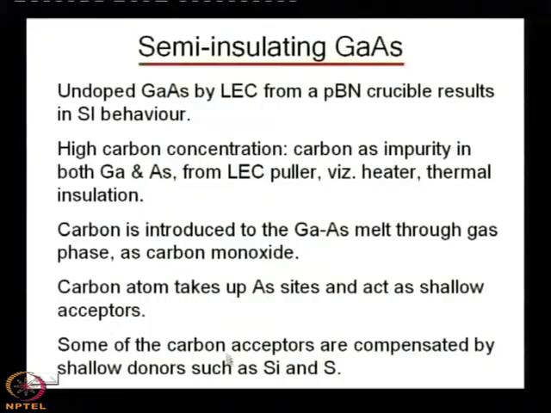And you see that when carbon takes up arsenic sites, it will act as a shallow acceptor, and those acceptors will be compensated by shallow donors such as silicon and sulfur, which are also present in the gallium arsenide crystal. Some of the carbon acceptors, not all. Then what will happen to the other carbon acceptors? If there are x carbon acceptors and y have been compensated by shallow donors like silicon and sulfur, then the remaining x minus y must be compensated by some other means.